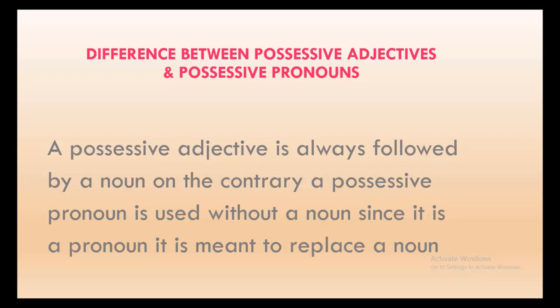On the contrary, a possessive pronoun is used without a noun. Since it is a pronoun, it is meant to replace a noun. Students, a possessive adjective will always take a noun with it. On the other hand, a possessive pronoun will take no noun. Rather, it will be serving as a pronoun itself by replacing the noun.